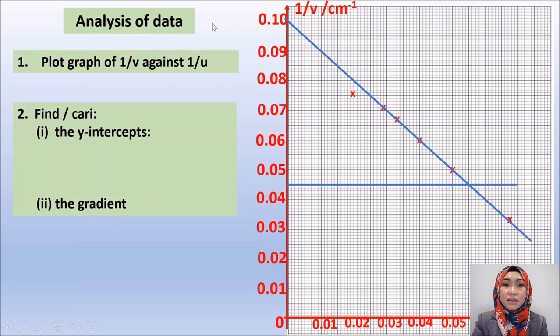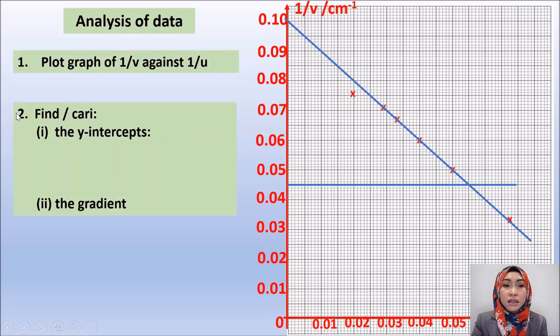Let's analyze the data. The first question is to plot the graph of 1/v against 1/u. Here I have plotted the graph. The y-axis represents 1/v, and the x-axis is for 1/u.